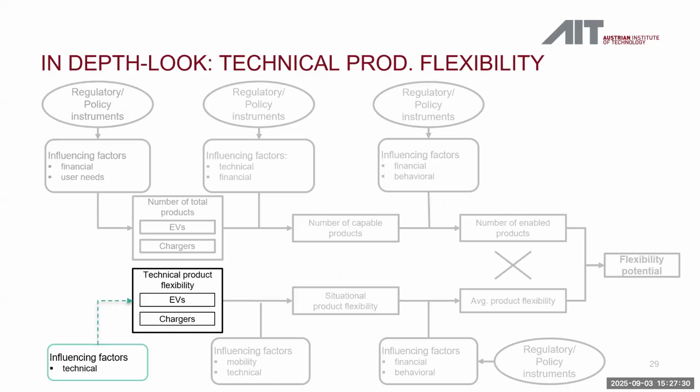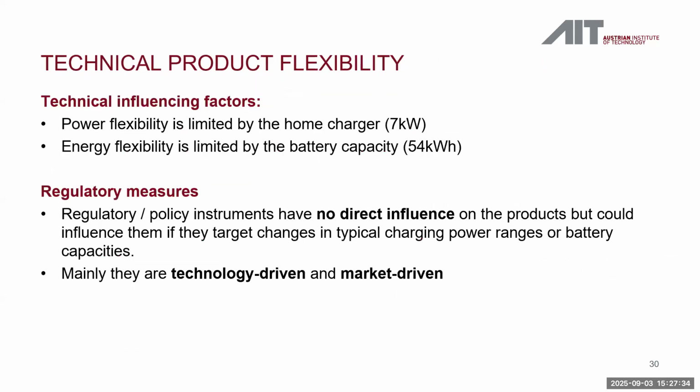Now we are looking at the technical products themselves. Those are the limiting factors by hardware. For example, if we are talking about home chargers, they are limited to 7 kilowatts. This is the standard average household home charger capacity when it comes to power.